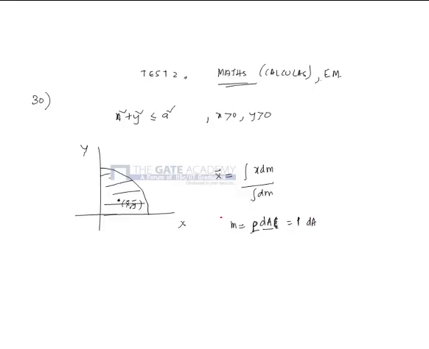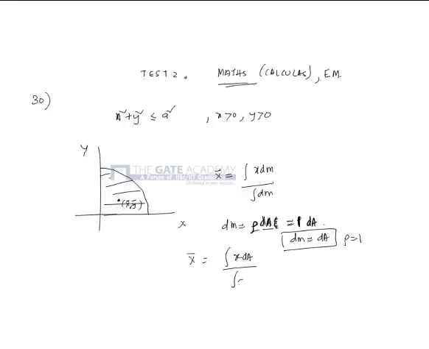So I can write x bar as integral x dm by integral dm, where dm is equal to dA, because rho is 1.